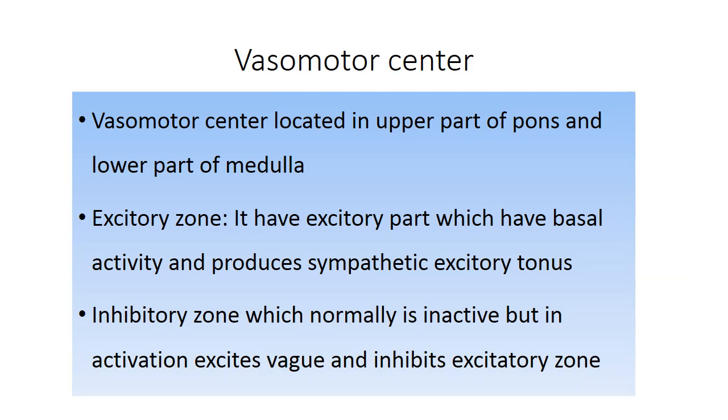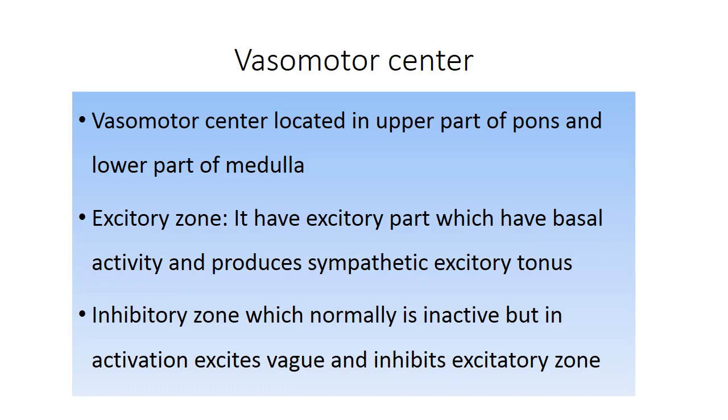The vasomotor center is located in the upper part of the pons and the lower part of the medulla. There is an excitatory zone, and by activating the excitatory zone, the sympathetic system can be activated. There is also an inhibitory zone, and by activating the inhibitory zone, the excitation from the vagus system is inhibited and the excitatory zone is inhibited.